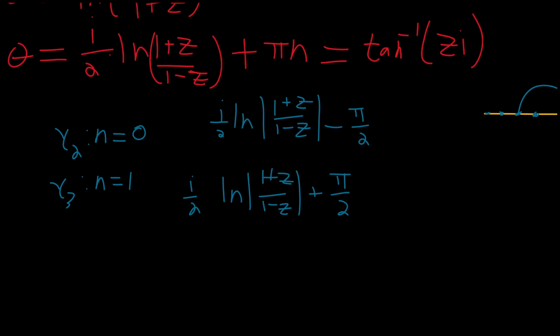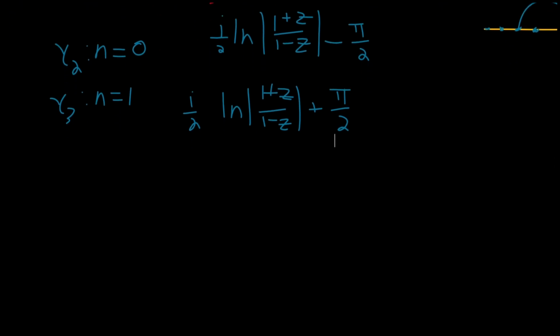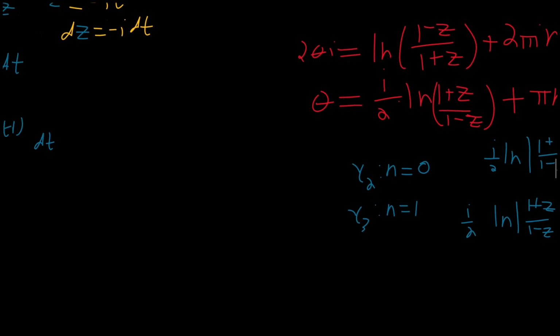So now that we have these, all we have to do is square them and do a bit of integration, and we will have our answer. So I'm just going to write down what these are. Actually, no, I'll put them right here.